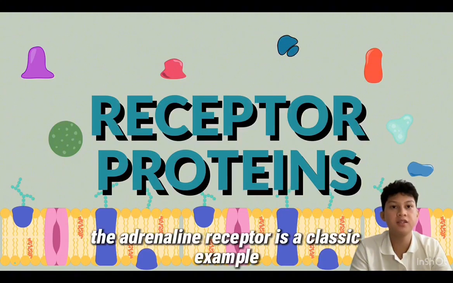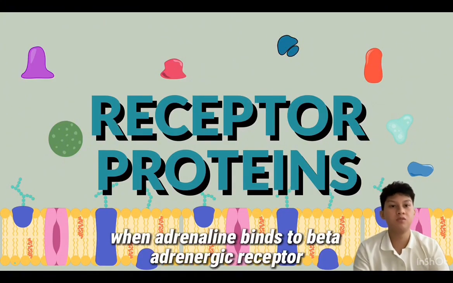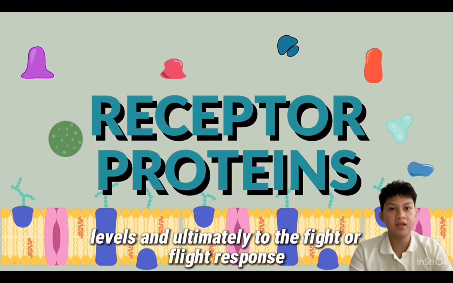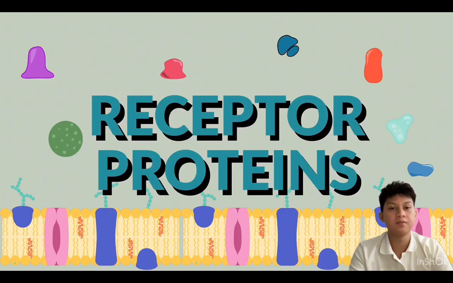The adrenaline receptor is a classic example. When adrenaline binds to the beta-adrenergic receptor, it activates adenylyl cyclase, leading to increased cAMP levels and ultimately to the fight or flight response.